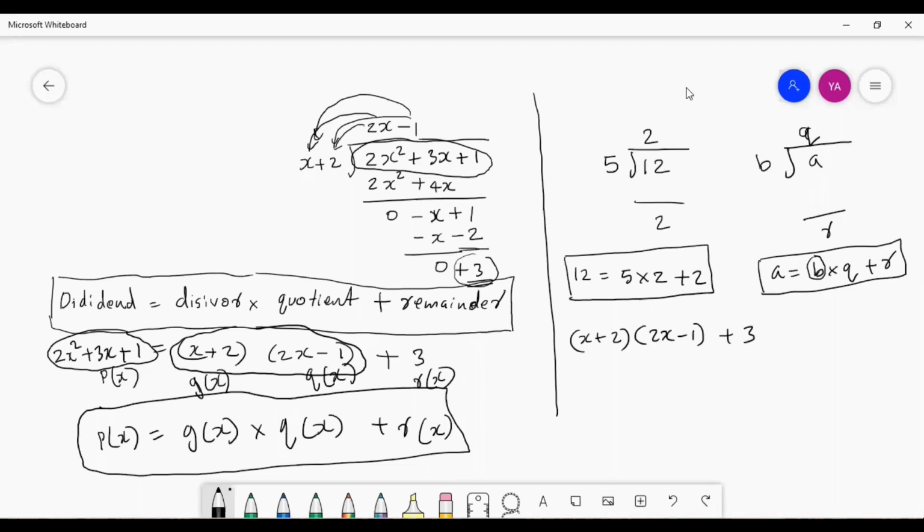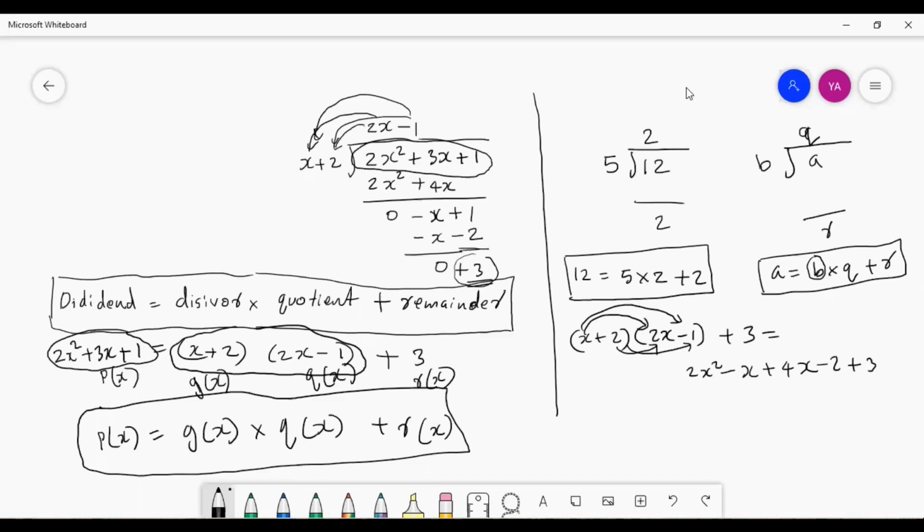How can we multiply this? x into 2x is 2x square. Then x into minus 1 is minus x. Then 2 into 2x is 4x. Then 2 into minus 1 is minus 2. Then also plus 3 is here.